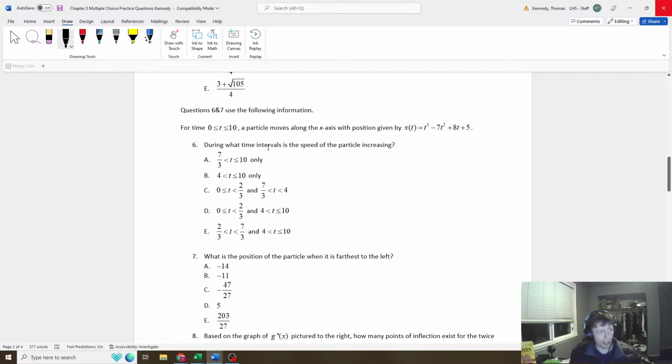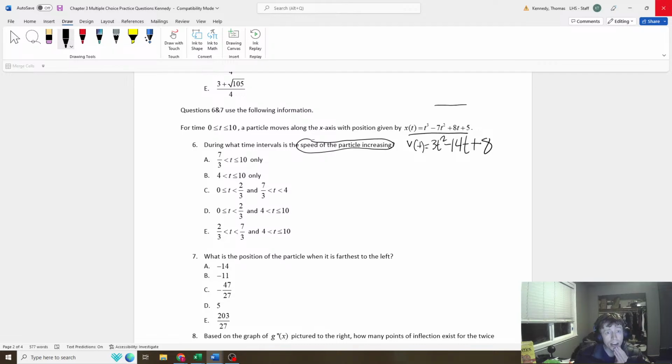This question's decidedly evil because it says speed of the particle increasing, but it gives a position equation. We can take the derivative of this, but what we're going to get is a velocity. So the primary problem here is that speed and velocity are not the same thing.